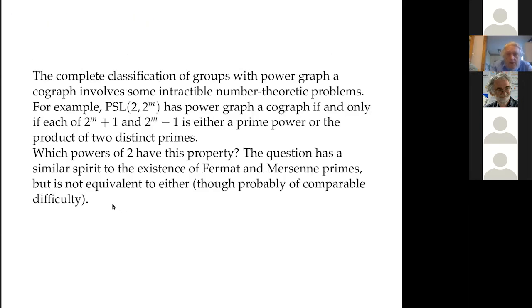I didn't mention, if you work out m equals 11, you find that 2 to the 11 minus 1 is equal to 23 times 89, and 2 to the 11 plus 1 is 3 times 683. So for PSL2(2 to the 11), the power graph is a code graph.